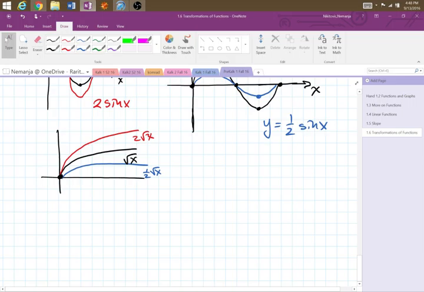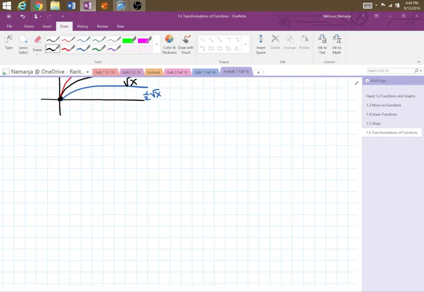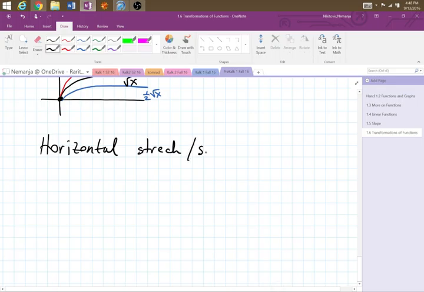And now we have, what do we have? 1 minute left and then another 2 after that. So we have time. We go with horizontal stretching and shrinking, which is f of c times x in parentheses.